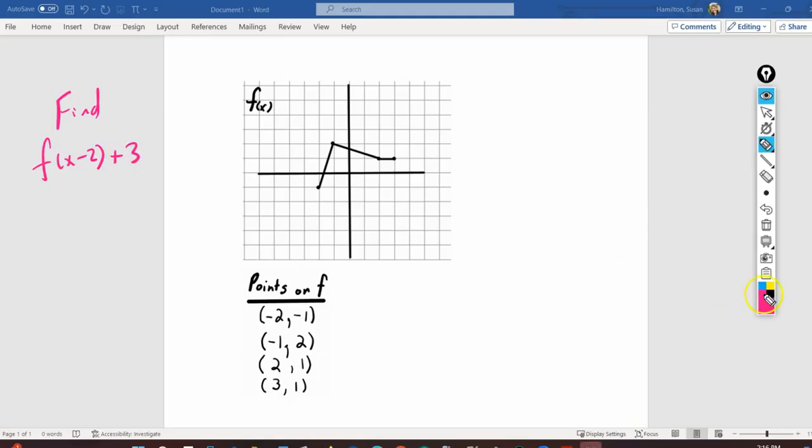Well, we can't get there in one step. So the path I'm going to take is I know how to get that. So how do you get from black to blue? Well, I've replaced x with x minus 2, and according to the chart, that's going to be a shift of 2 to the right.